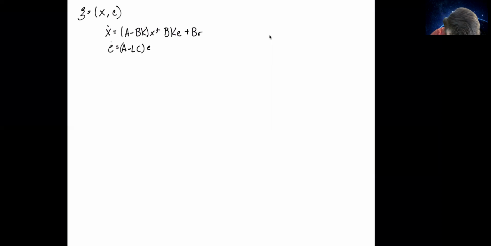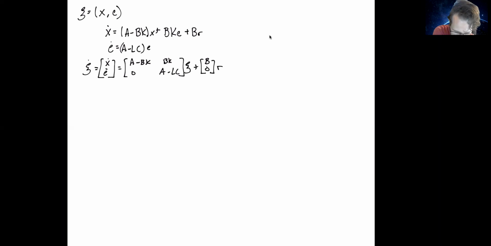We take the stack of this and put it into a single state. This is going to be χ̇, which is equal to ẋ and ė, which is equal to the block matrix [A - BK, BK; 0, A - LC] times χ, plus [B; 0] times r.